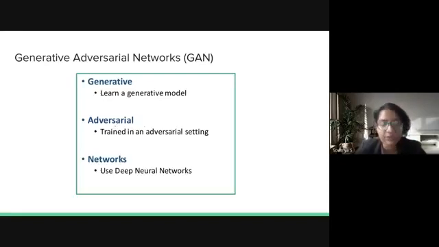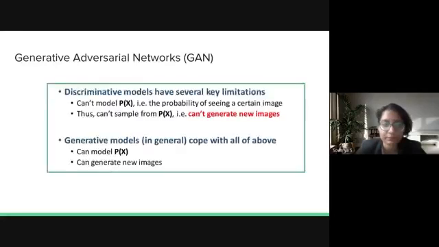In Siamese network, we saw a sort of adversarial training where we took pairs of dissimilar things that were put far apart. So we have the generative and the adversarial, and of course, the network stands for deep neural networks. Now, why go for this? Why do we just not use a deep neural network? The advantage of this is because if we have a generative model, we can generate new images or text that we had not seen while training.